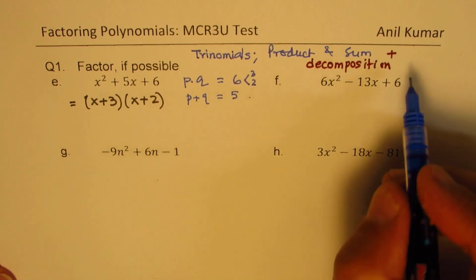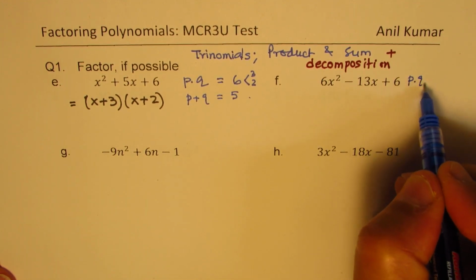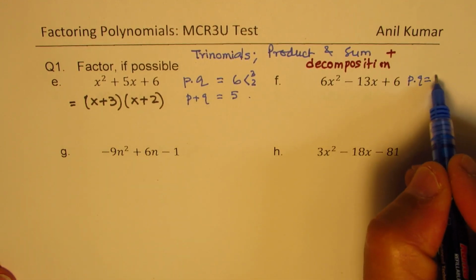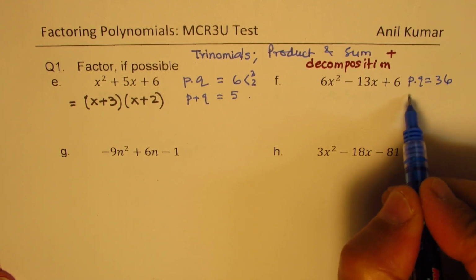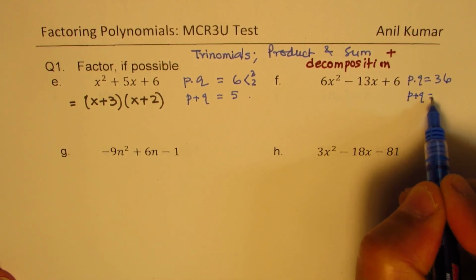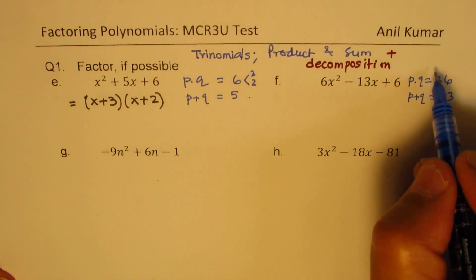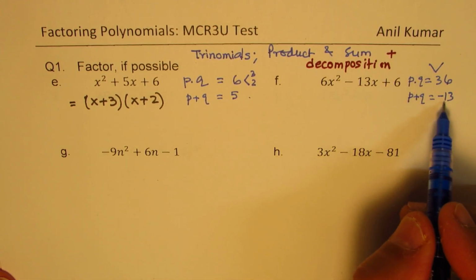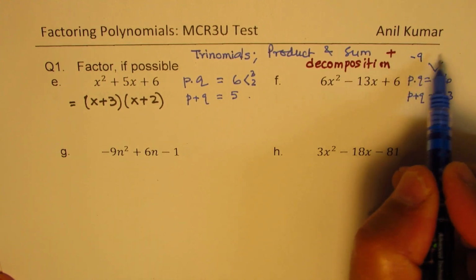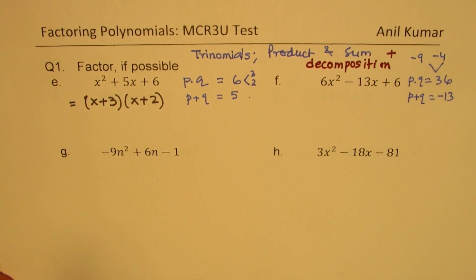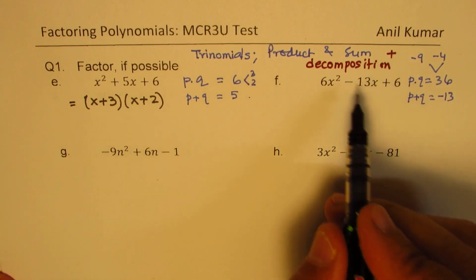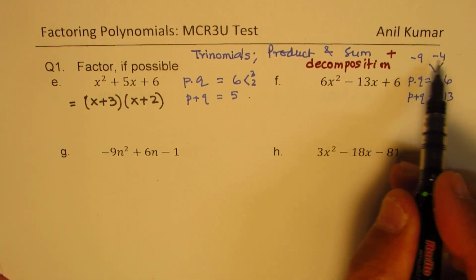So in this case, we are looking for a product of 6 times 6, which is 36, and their sum should be minus 13. Now, what are these two numbers? Well, since their sum is minus 13, we could take minus 9 and minus 4.